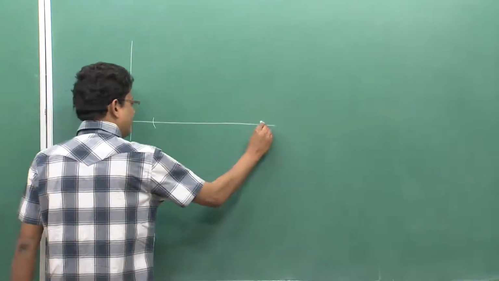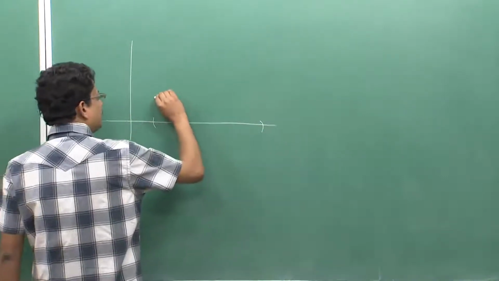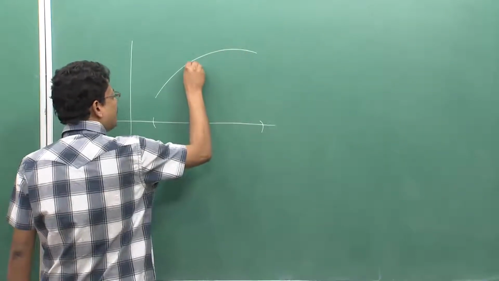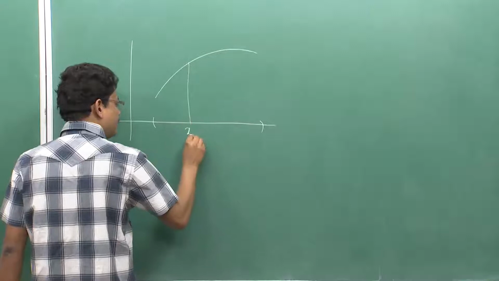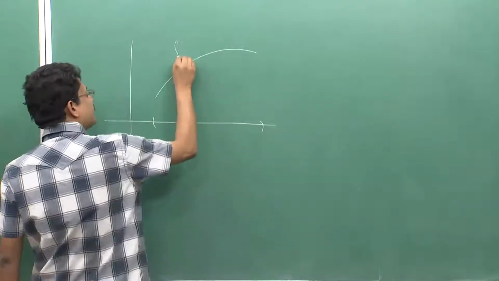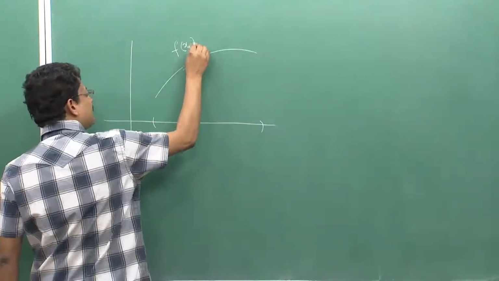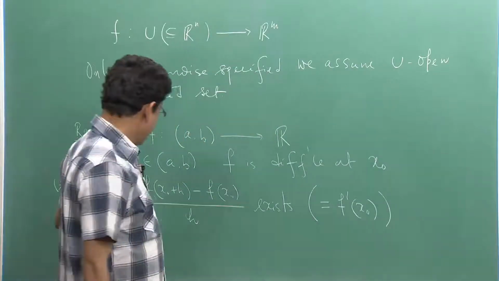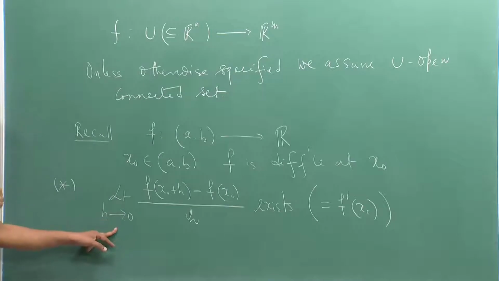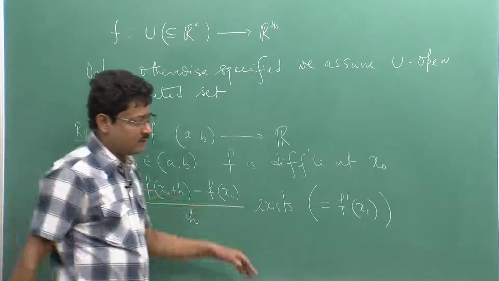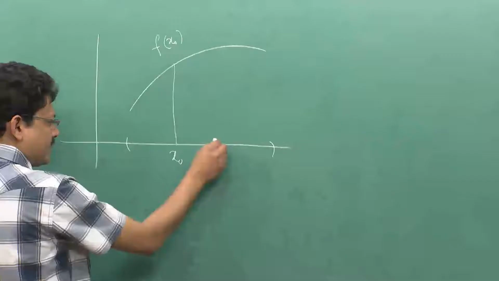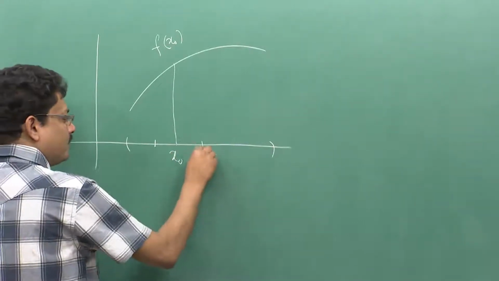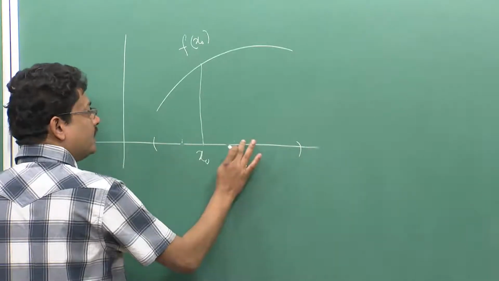You have f defined here. Now, you have a point x naught and here is your f of x naught. As h goes to 0, h can go to 0 from either side, negative side and positive side. So, if you take negative, then x naught minus h here, and if you take positive, then, okay, let us do it little bigger.